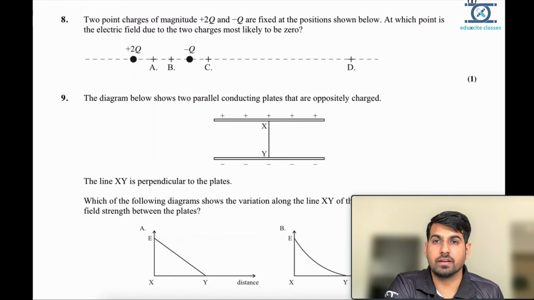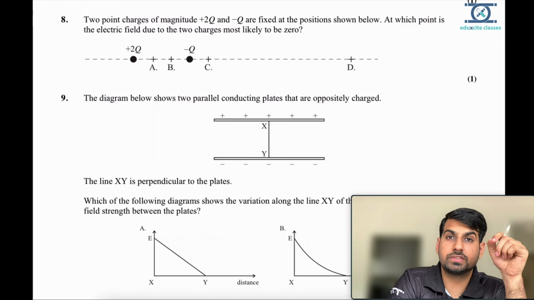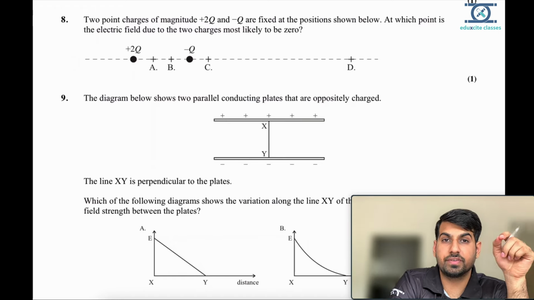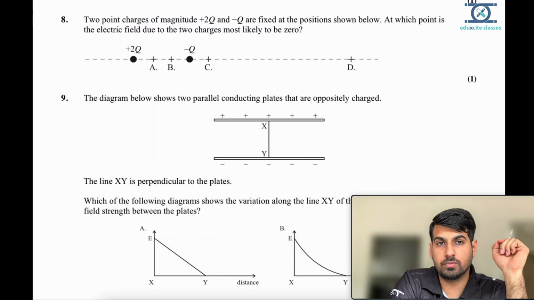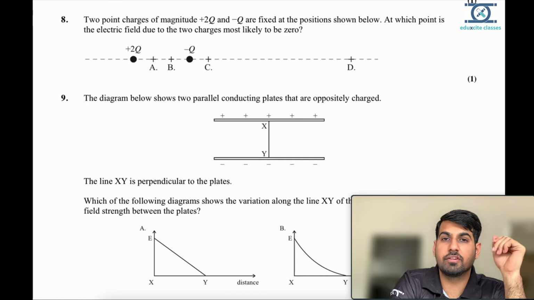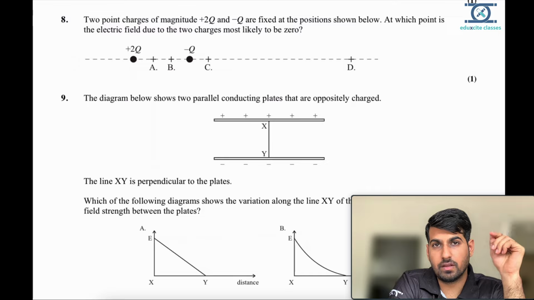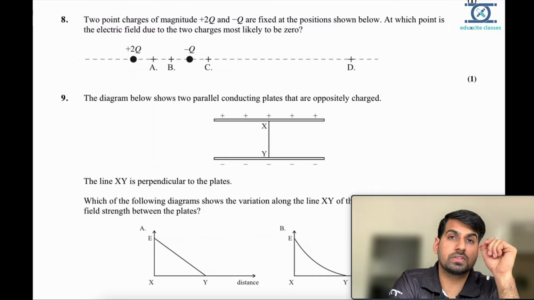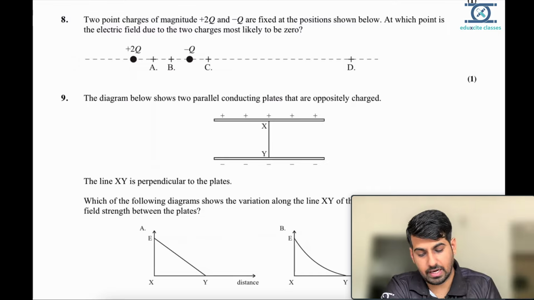Now question number 8. 2 point charges of plus q and minus q are fixed at the positions shown below. At which point is the electric field most likely to be 0? So we have to give an approximation here. If you see at A, if I place a plus q, the force will be in this direction, and at B this will also be in this direction.